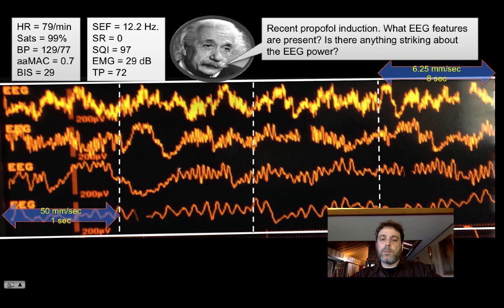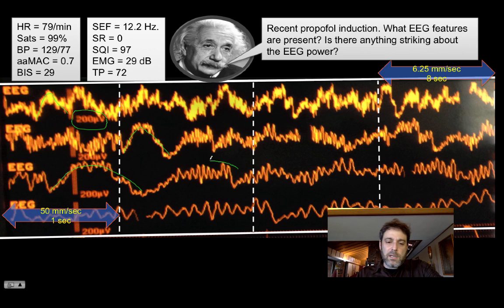How about this example? You had a recent propofol induction. With the recent propofol induction, that's why you have these really big delta waves. This is consistent with propofol induction. You get high amplitude delta waves, and this is at 200 microvolts. So the scale is 200 microvolts, and yet you can still see these huge, big delta waves, very impressive delta waves.